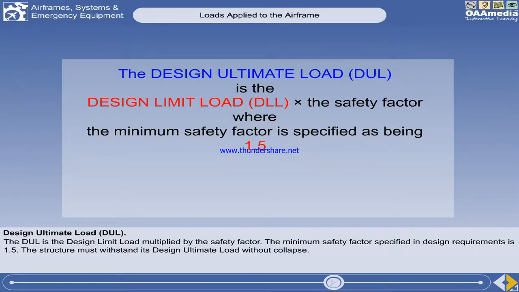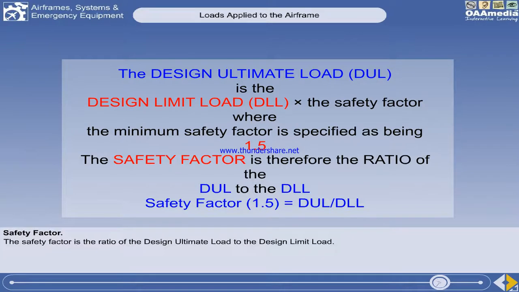The design ultimate load is the design limit load multiplied by a safety factor. The minimum safety factor specified in design requirements is 1.5. The structure must withstand its design ultimate load without collapse. The safety factor is the ratio of the design ultimate load to the design limit load.